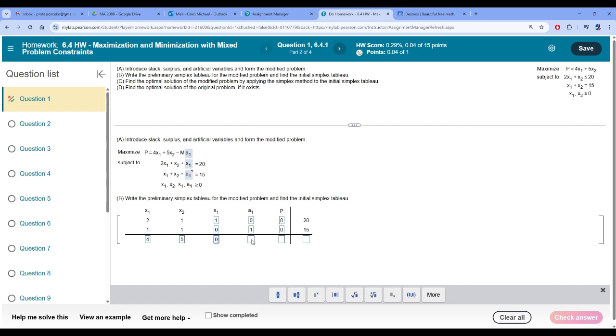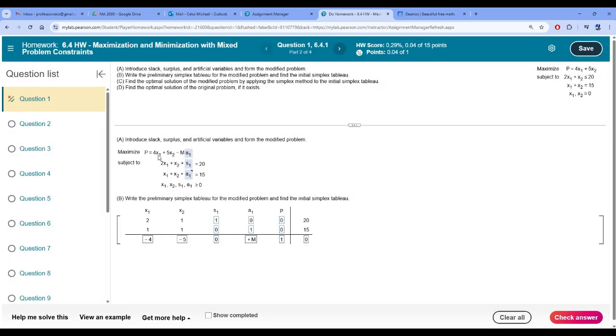S1 should be 0. Negative capital M, and P is, oh, I have to move these guys over, dang it. So this is a negative, this is a negative, this is a positive, and then P is 1, equals 0.